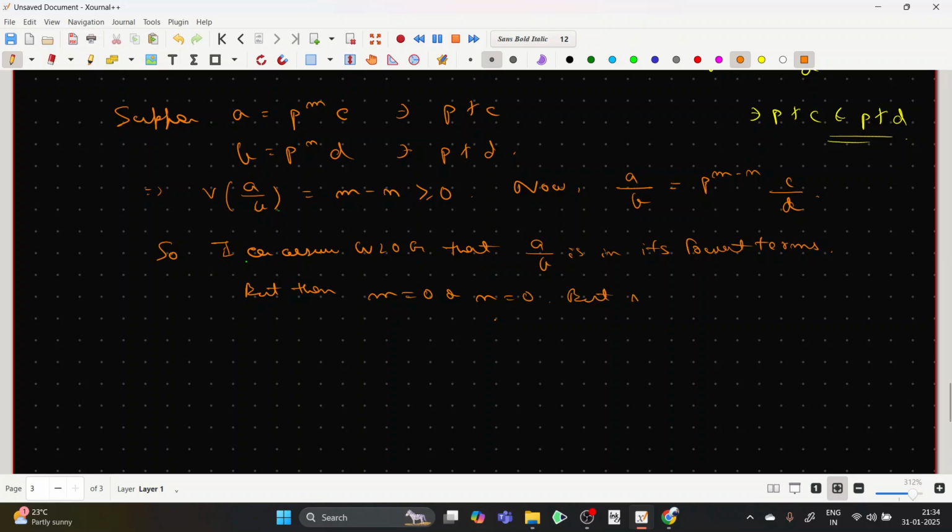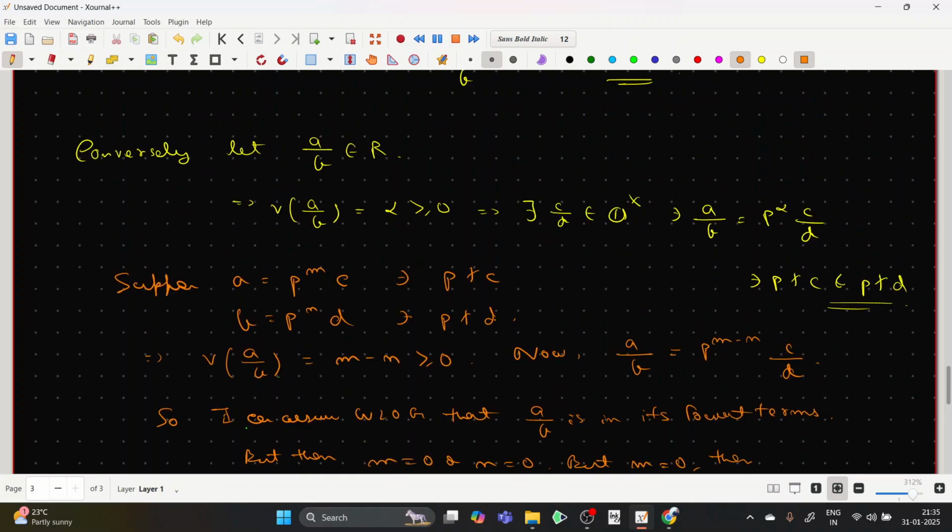But if M is equal to 0, then the discrete valuation will come out to be less than 0. That's not possible, because we have considered the discrete valuation to be greater than or equal to 0, choosing A by B to be an element from the ring. Therefore N needs to be 0, and once N is 0, we know that P does not divide B. Fine.